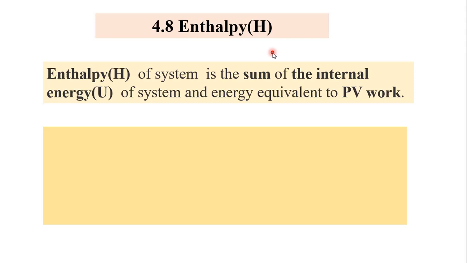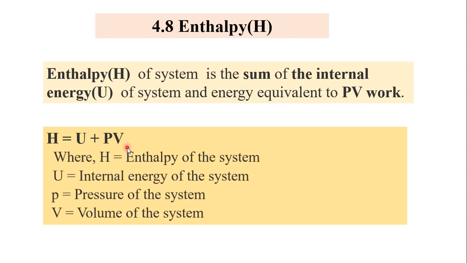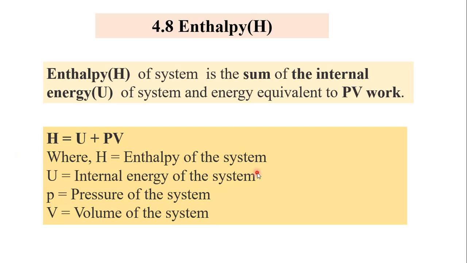The sum of internal energy U and PV work due to pressure and volume is known as enthalpy. That is nothing but the heat content of the system. Therefore the mathematical expression for enthalpy is H is equal to U plus PV, where H means enthalpy of the system, U means internal energy, P means pressure, and V means volume of the system.